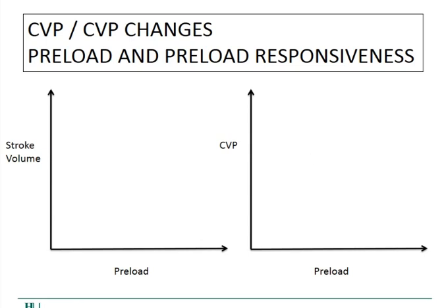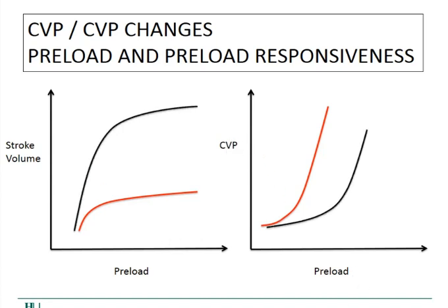So for instance, if I measure the stroke volume or the cardiac output here, and I plot a stroke volume preload curve, and for a patient with a failing heart or with a not performing heart, I also plot the CVP and the preload curve. And then I plot maybe a good performing heart, and again the corresponding CVP preload curve.